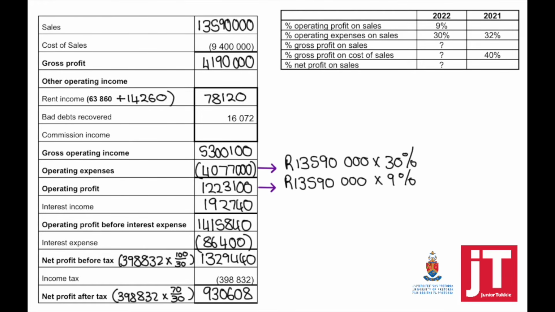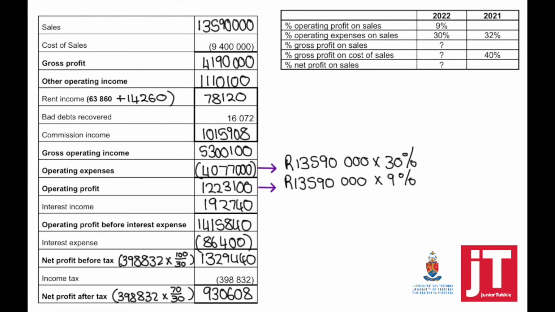So if I want to calculate the other operating income, we need to take the gross profit and we're going to take the difference with the gross operating income, and that equals other operating income. Now that we've solved that, we can find the balancing figure, which is the commission income.